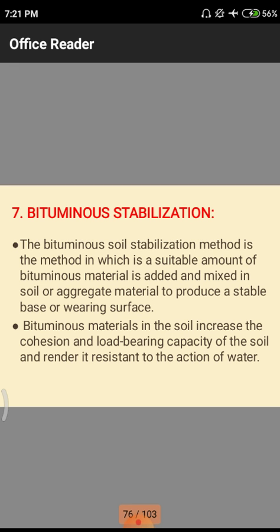In the entire six stabilizations, mechanical stabilization is somewhat different compared to all other five processes. Whether it may be cement, lime, chemical, fly ash or rice husk ash, in those five we are majorly using only the powdered state.